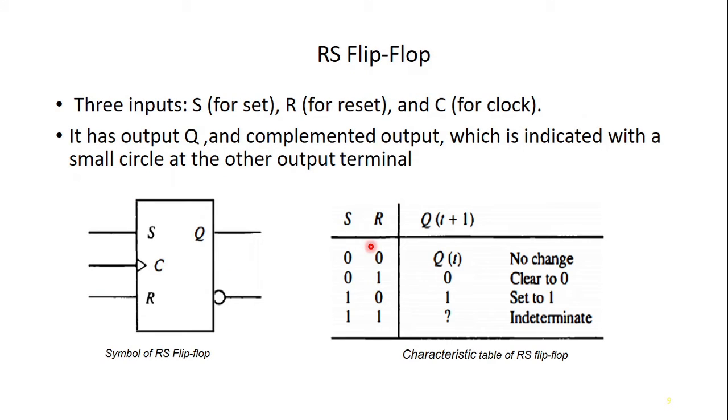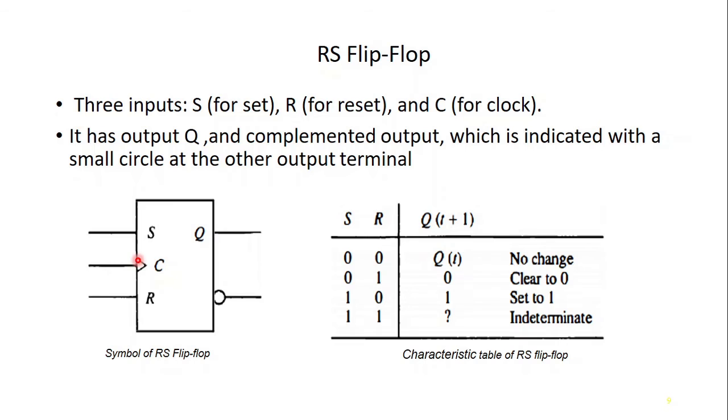Now we can see what is RS flip-flop. Here this shows the symbol of RS flip-flop. It is having three inputs, first S, then R, and another input which is the synchronous input known as clock signal.